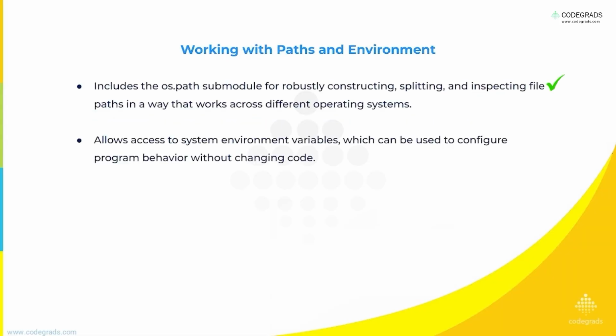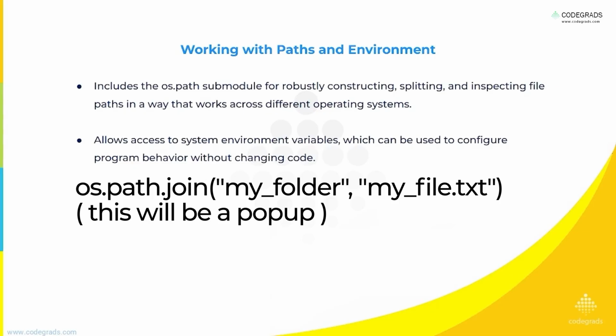Now working with paths and the environment, it includes the os.path module for robustly constructing, creating and inspecting file paths in a way that works across different operating systems, and it allows access to system environment variables which can be used to configure program behavior without changing the code. Now to join paths in a cross-platform way, we just need to mention os.path.join, the folder, comma, the file name.